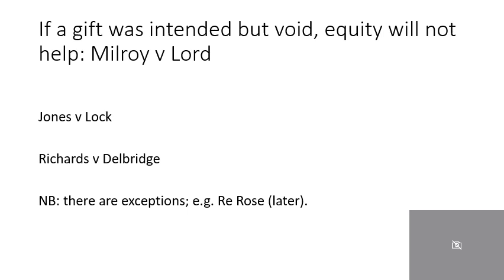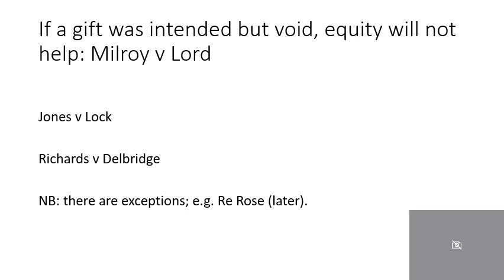And as it is an outright gift, which was imperfect, since the father didn't take all the necessary steps to ensure that the money had gone to his son, equity will not construe it as a declaration of trust to ensure that the baby gets the money. Why? Because the baby in this case was merely a volunteer, meaning someone who had not provided consideration for this gift.